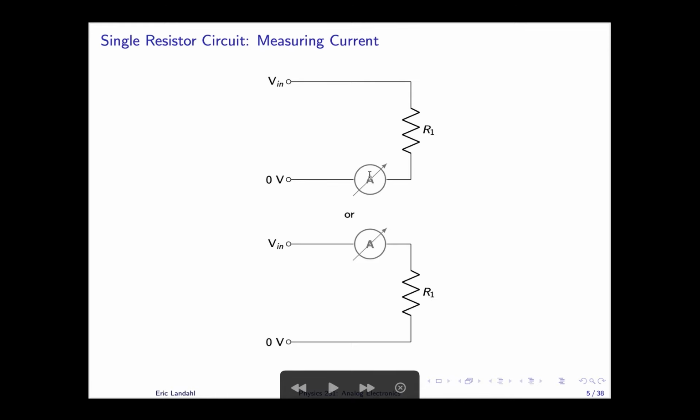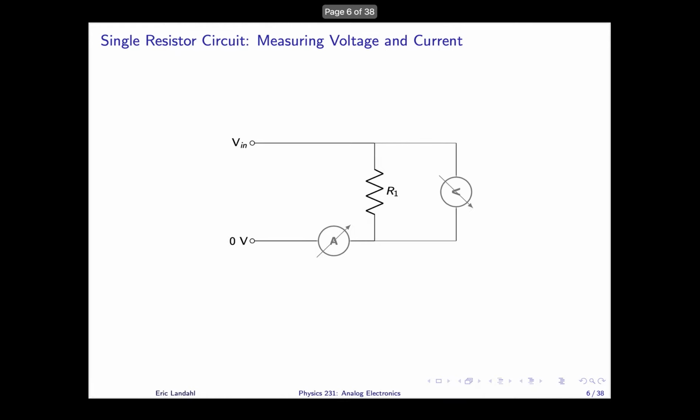In these simple circuits where there's no branches, only one source of the current and one sink, you can choose to break your circuit anywhere, either, for instance, between the resistor and ground, or between the voltage and the resistor. The current will be the same everywhere in these circuits. And so that's how you would directly measure current. To measure current and voltage at the same time, you would have to have two meters.